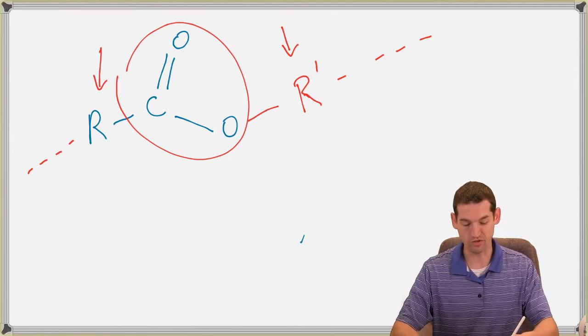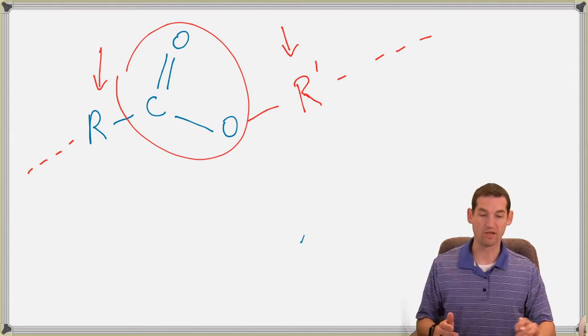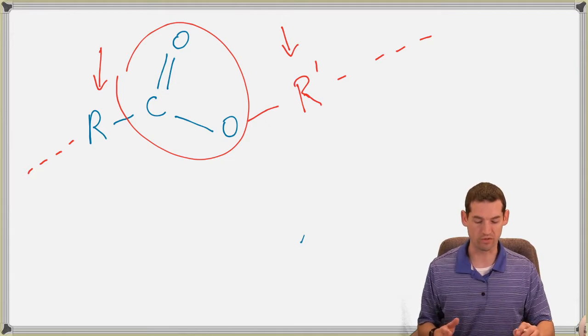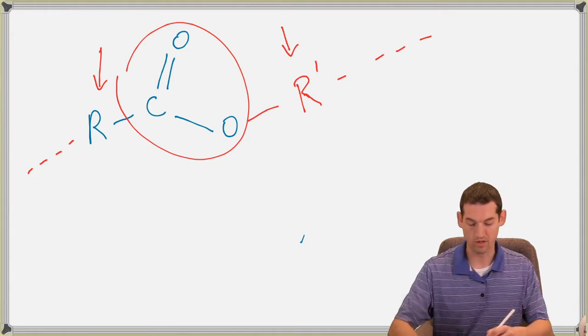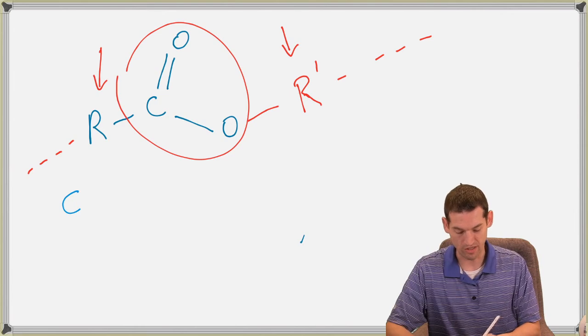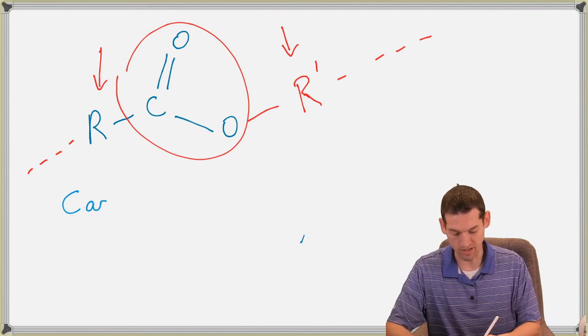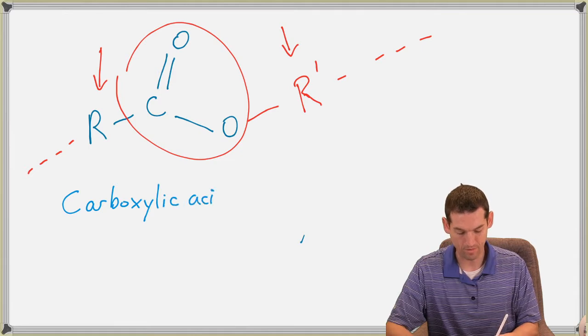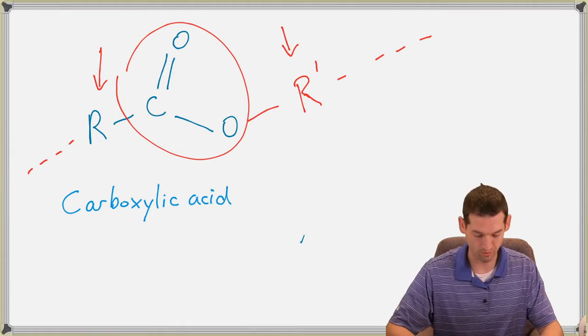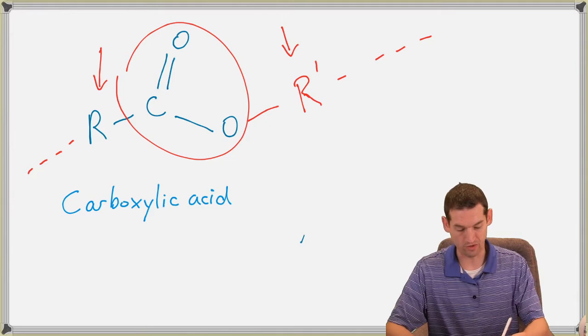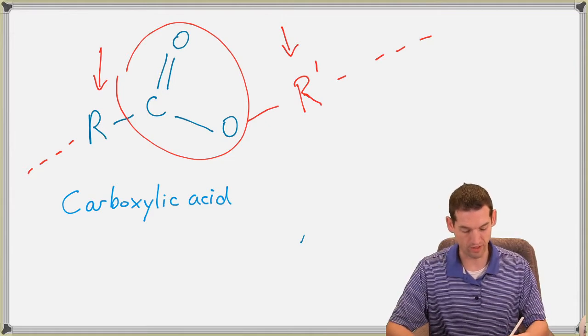Now, the reason I've used two different colors here is because an ester comes from two different molecules. An ester is made by combining a carboxylic acid, which I've shown using blue, and the other part of it comes from an alcohol.